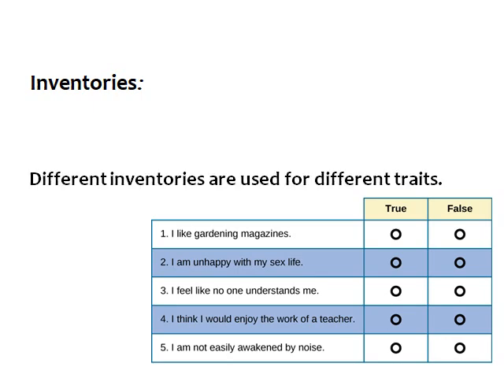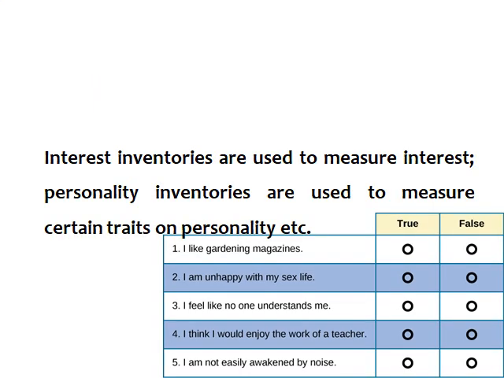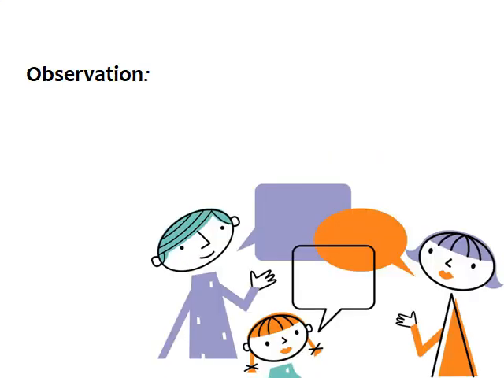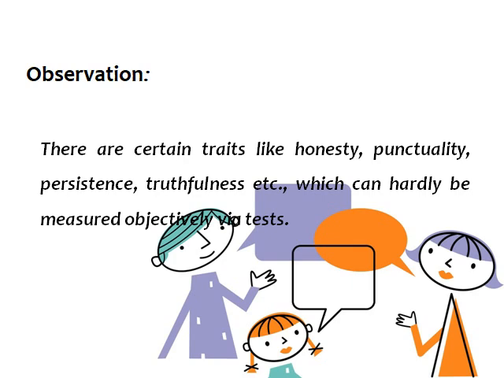Inventories. Different inventories are used for different traits. Interest inventories are used to measure interest. Personality inventories are used to measure certain traits of personality, etc. Observation. There are certain traits like honesty, punctuality, persistence, truthfulness, etc., which can hardly be measured objectively via tests.